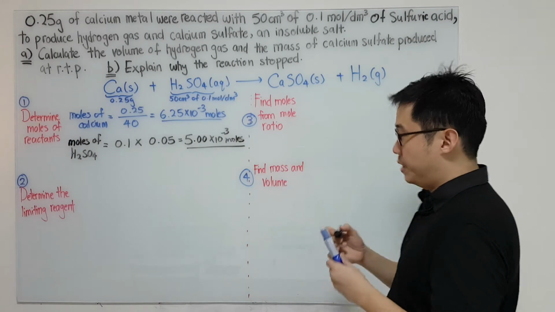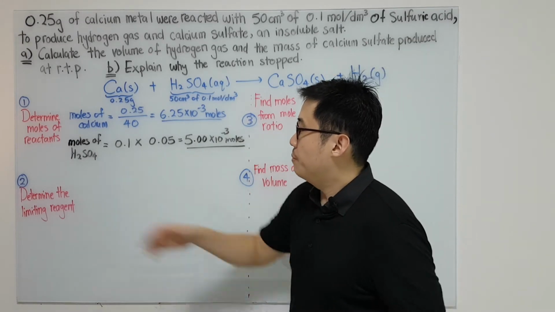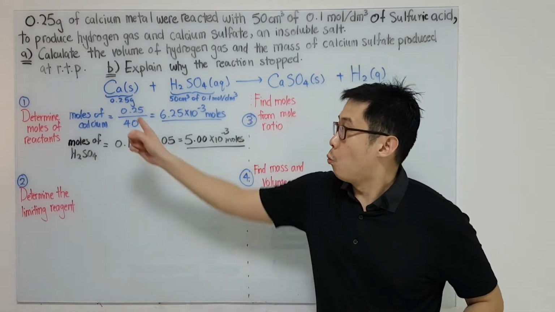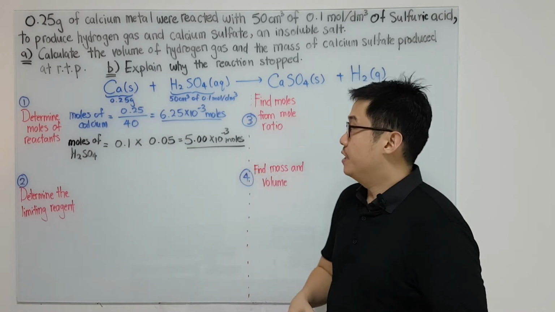Now, you have both the quantities. In order to determine the limiting reagent, you have to choose one of these reactants first.